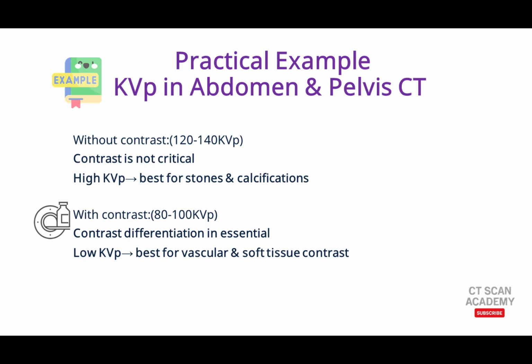In abdominal pelvic CT, use 120 to 140 kVp when imaging without contrast, stones, and calcifications, and 80 to 100 kVp when contrast differentiation is critical, vascular and soft tissue contrast.